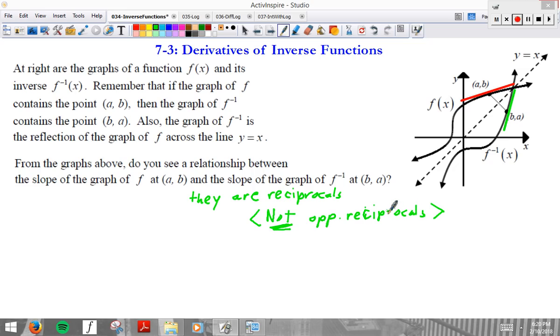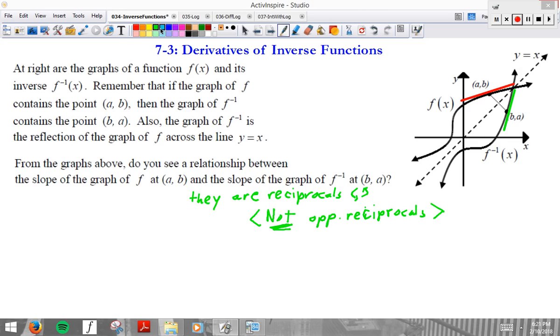Reciprocals is the part of opposite reciprocals where we flip the fraction, not the part where we flip the sign. Just to be clear, we are inverting the fraction. If this guy has a slope of, let's say, 1/2, this guy has a slope of 2, not -2.